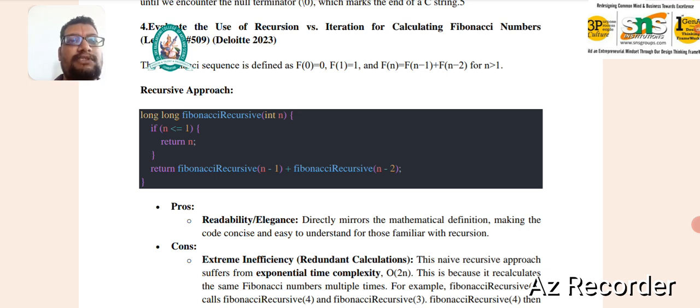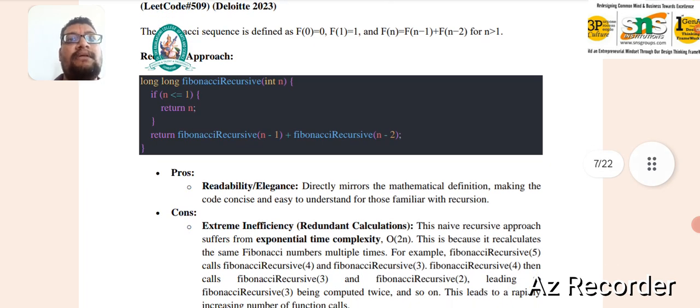The recursive approach is simple. The statement is long Fibonacci recursive int n: if n is less than or equal to 1, the condition is satisfied, then it returns n, otherwise it returns Fibonacci recursive n minus 1 plus Fibonacci recursive n minus 2. This is the snippet code for the Fibonacci series using the recursive approach.